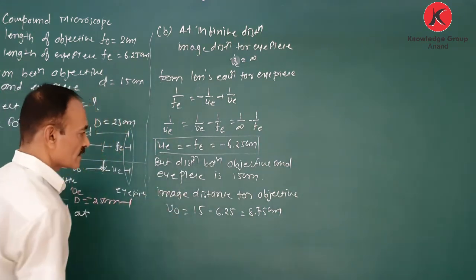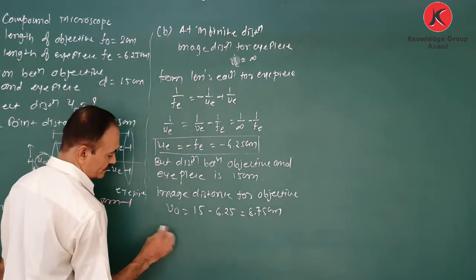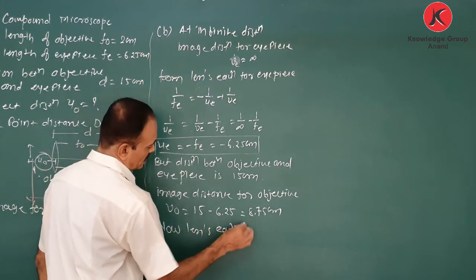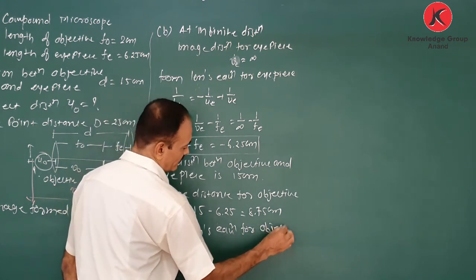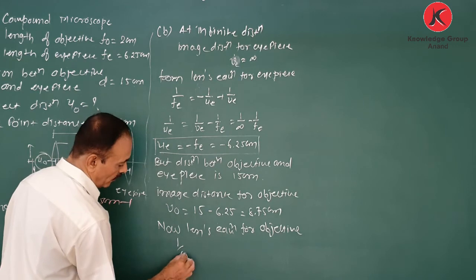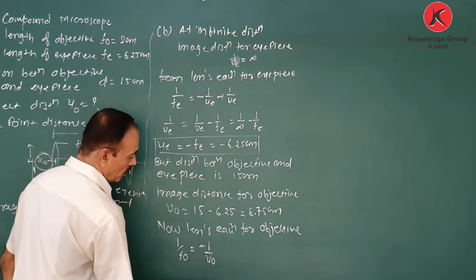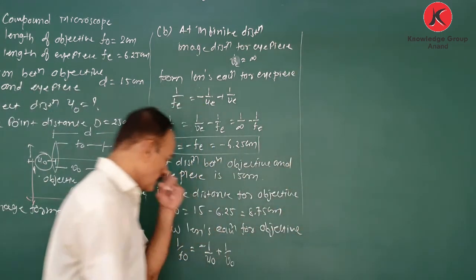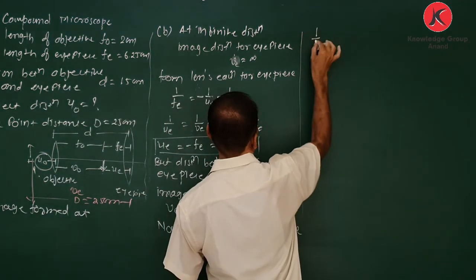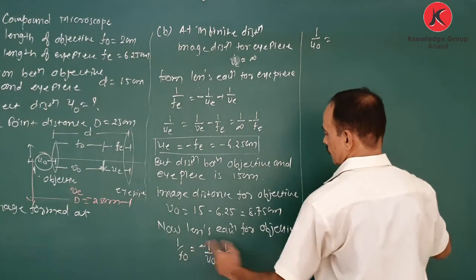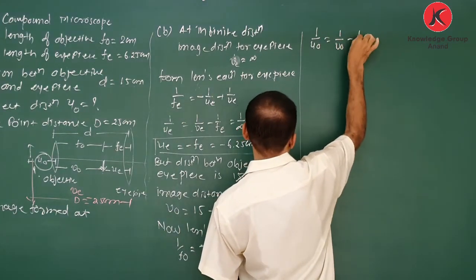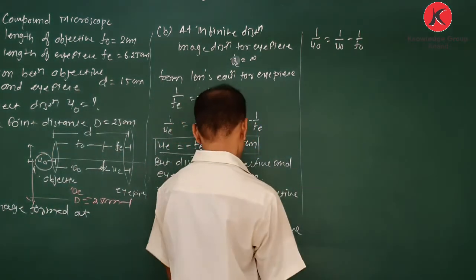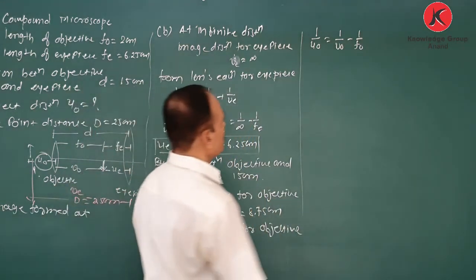Again, we are using the lens equation for the objective. 1 upon FO is equal to minus 1 upon UO plus 1 upon VO. We require the value of UO, therefore 1 upon UO is equal to 1 upon V0 minus 1 upon FO. V0 is 8.75.